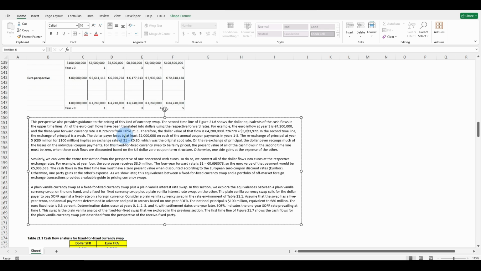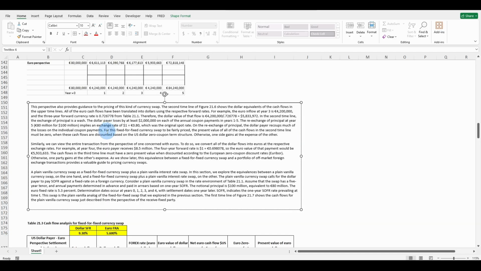The dollar payer loses by at least 2 million on each of the annual coupon payments in years 1 through 5. The re-exchange of principal at year 5, 80 million euros for 100 million dollars, implies an exchange rate of $1 equals 0.8 euro, which was the original spot rate. On the re-exchange of principal, the dollar payer recoups much of the losses on the individual coupon payments.